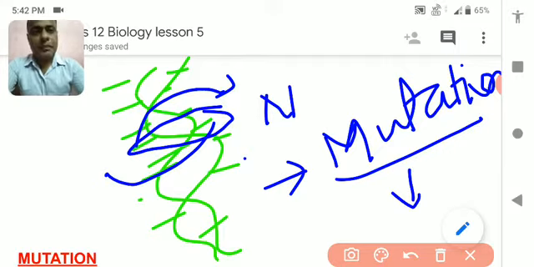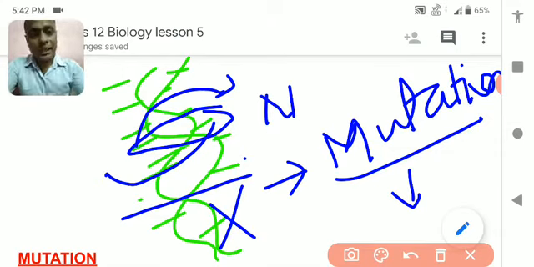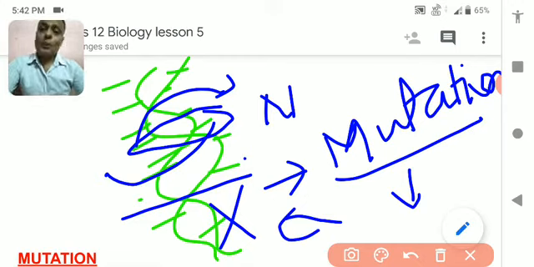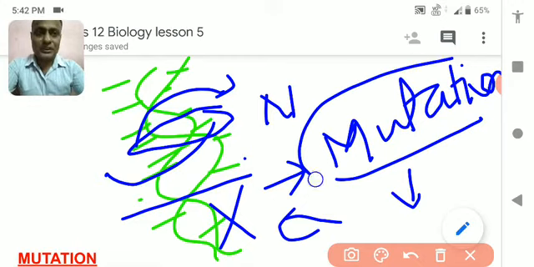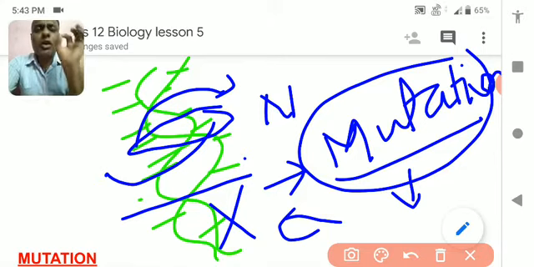Similarly, if a piece of DNA is cut or an extra DNA segment gets attached, both are also called mutation. So any minor or major change that happens in the DNA causes mutation, and mutation does not allow a particular kind of DNA to produce a particular kind of protein.